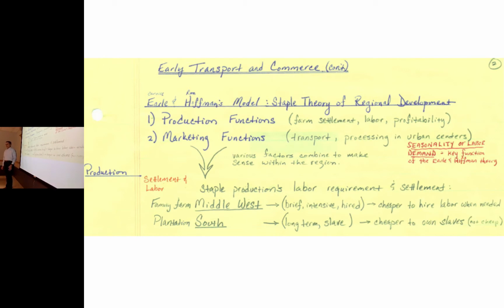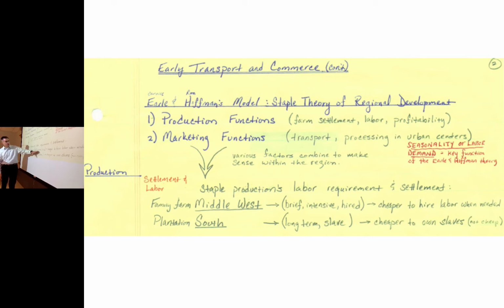There wasn't anything until the Industrial Revolution, and that would, of course, create wealth disparities even much greater than the South. Okay, so the Middle West then is this area that's undergoing settlement and development.